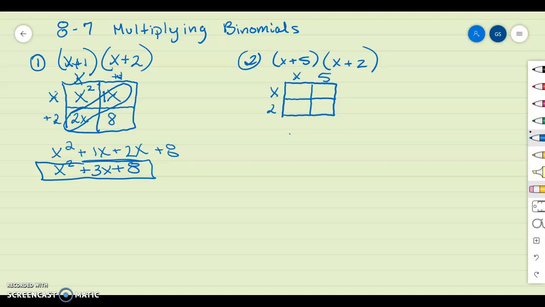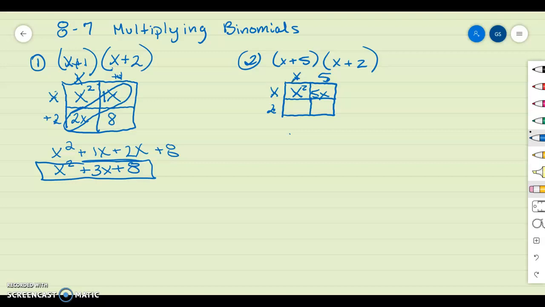Now we do x times x, goes right in here. So x times x is x squared. Then we have x times 5, which is also the same as saying 5 times x, and 5 times x is just 5x. Then we have x times 2.